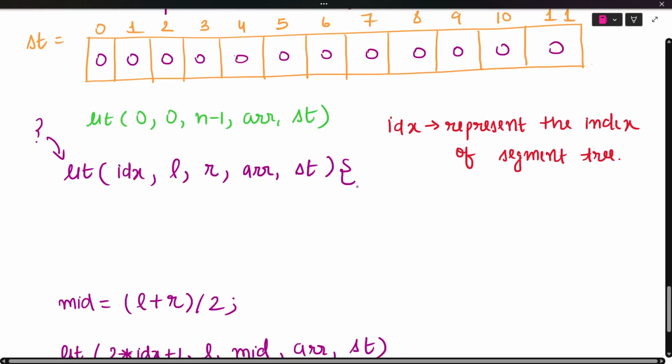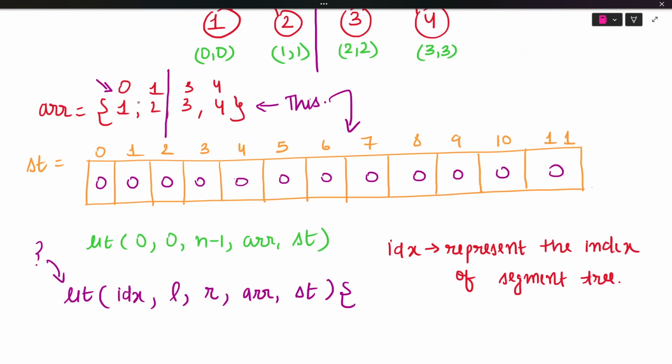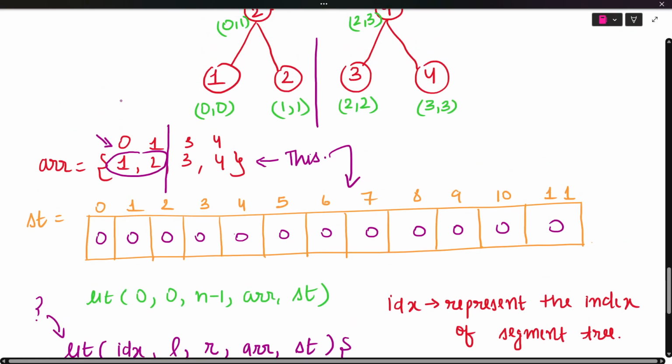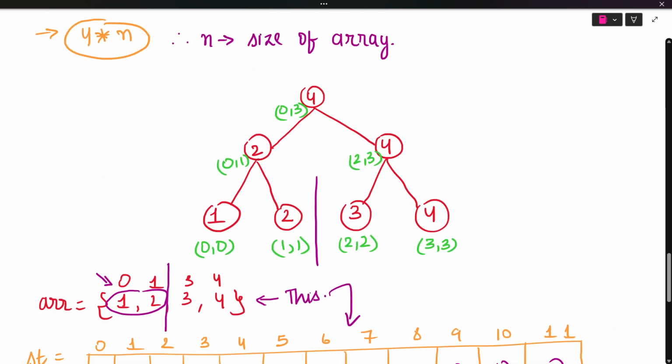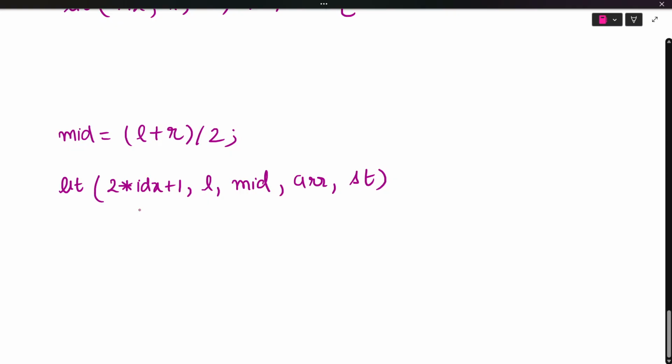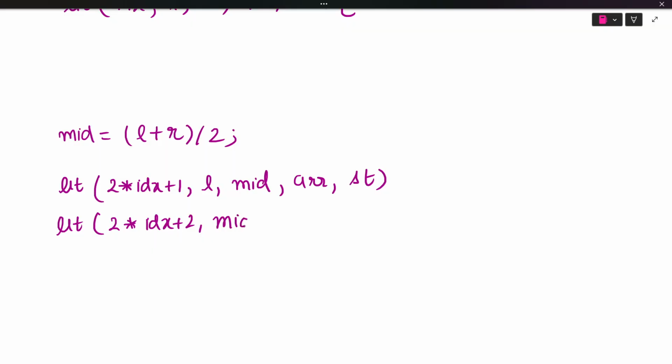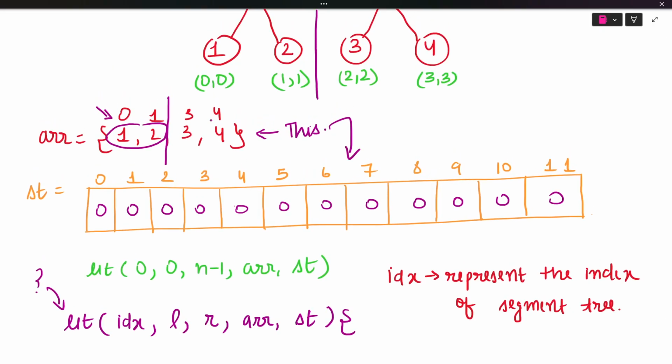What we just did is pass this so that you build the left segment tree by yourself. And we're gonna do 2 into idx plus 2 comma mid plus 1 comma R, arr, st, and you build the right segment tree on your own.